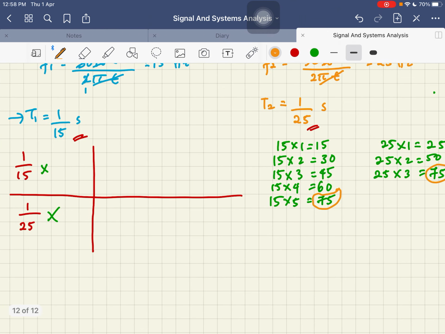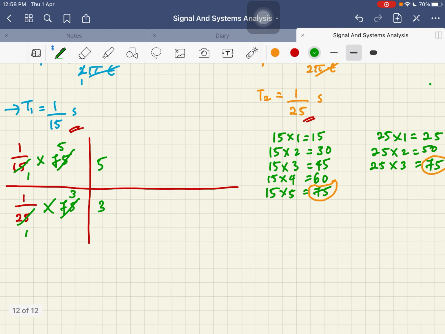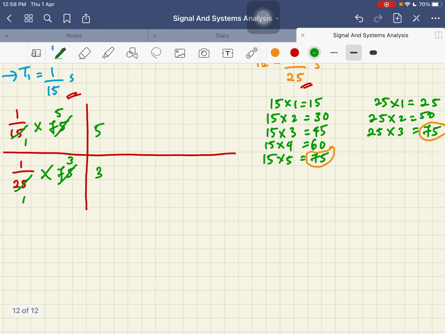So we multiply this with 75 and 75, so that this 15 cancels and it will give me here 5. The 25 also cancels and it will give me over here 3. 1 times 5 is 5, 1 times 3 is 3. So they are already, how to say, prime numbers. 5 and 3 are already prime numbers.